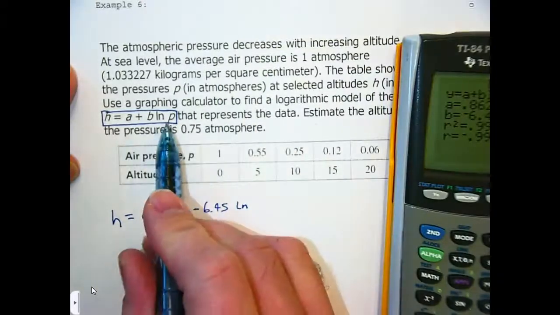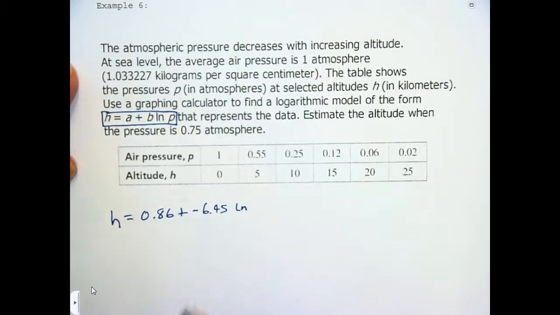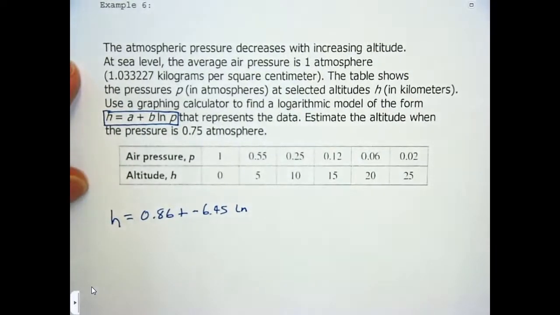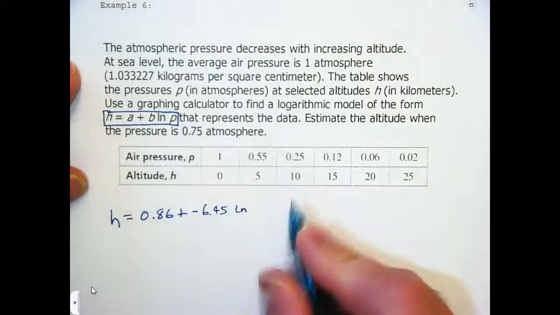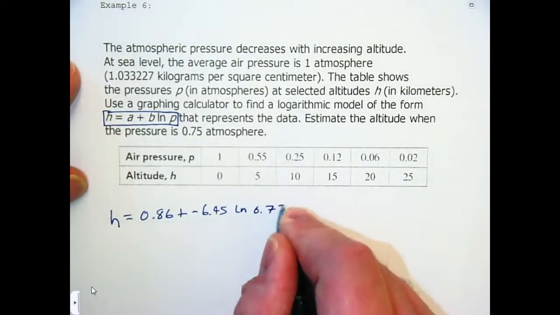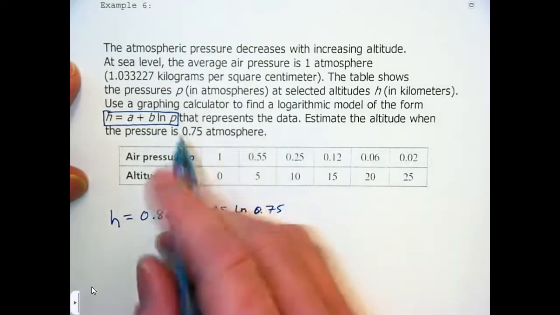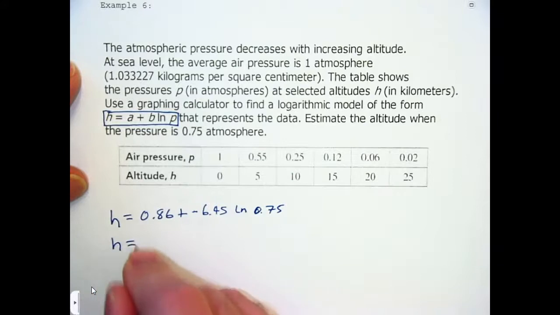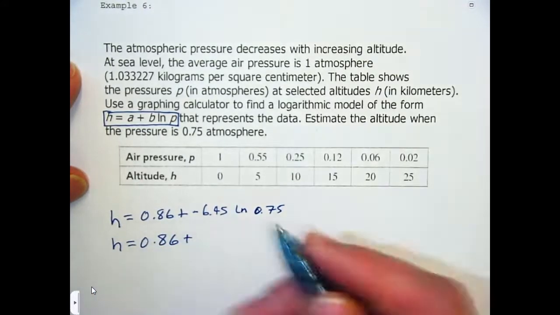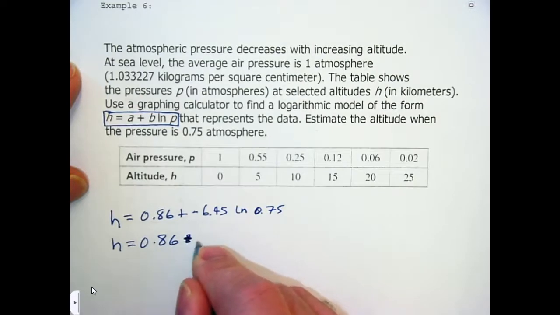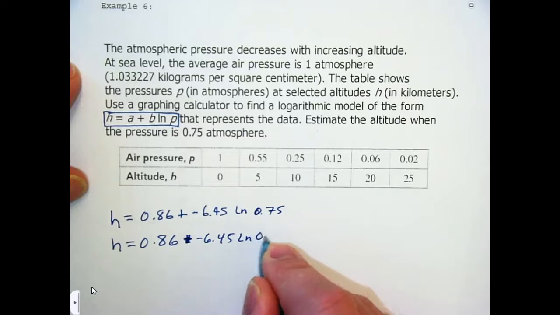In this case, P. Which is P, this one? What do they tell us our pressure needs to be? Yeah, in this case, they're telling us it's 0.75, right? So the model would just be P, but when you're actually making that prediction, you would have H equals 0.86, minus 6.45, natural log of 0.75.